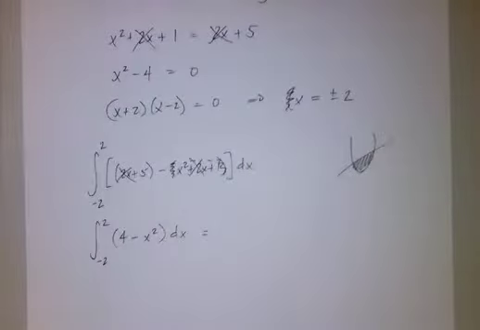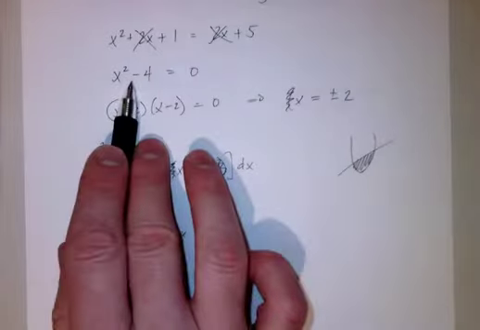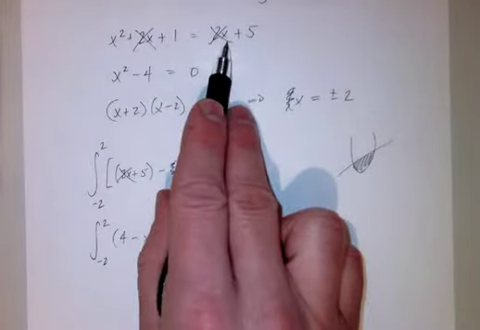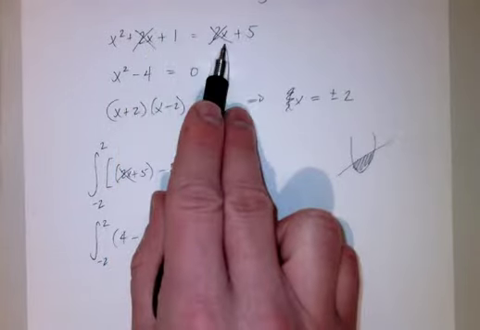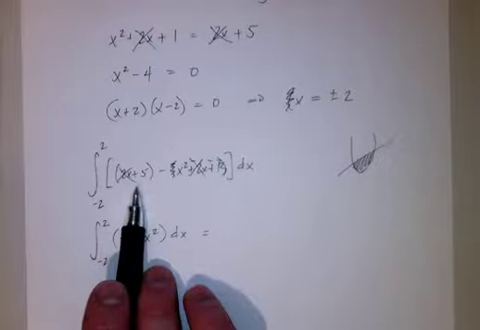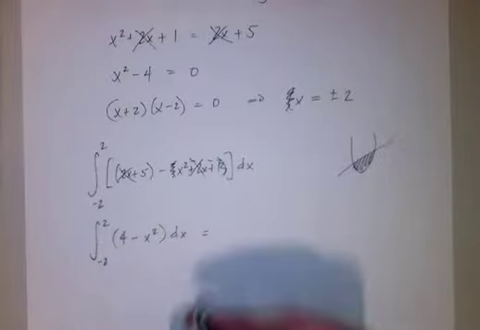Now, that shouldn't surprise us that it's 4 minus x squared and this is x squared minus 4. Because if these two are on opposite sides of the equal sign, then simple subtraction gets them both on the same side, okay? So we know it's either going to be x squared minus 4 or 4 minus x squared, and since g of x comes first, it's 4 minus x squared.